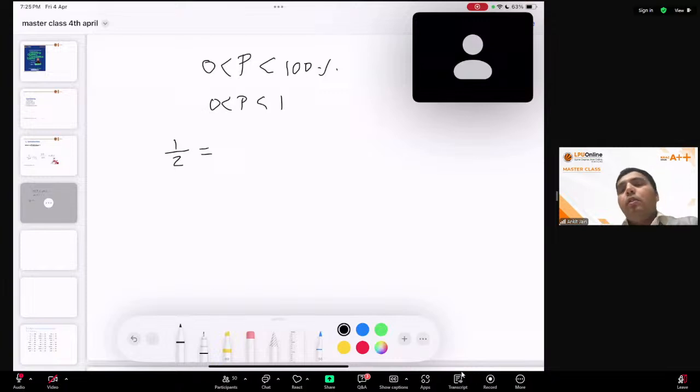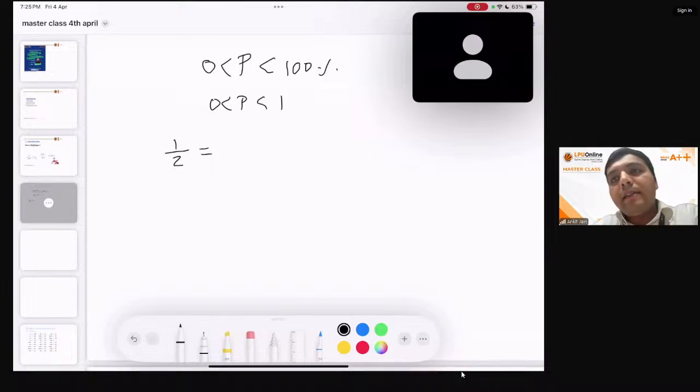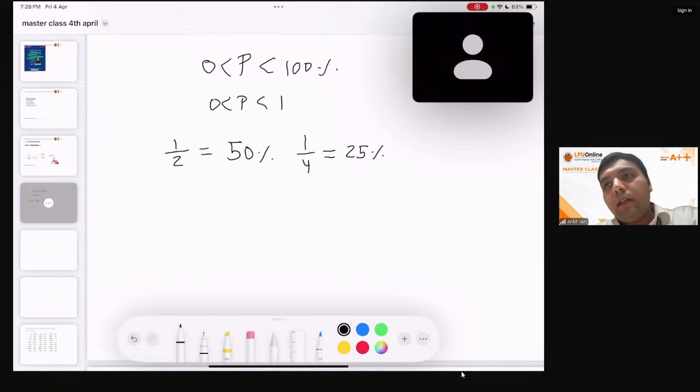Okay, so 1 by 2 is 50%. 1 is 100%, 1 by 2 is 50%. So if 1 by 2 is 50%, 1 by 4 is half of 1 by 2, which is 25%.